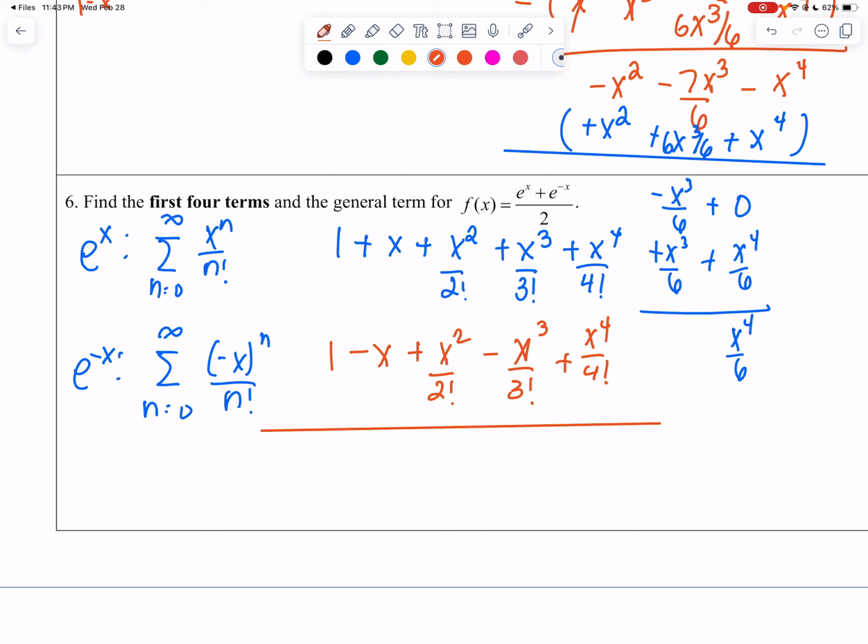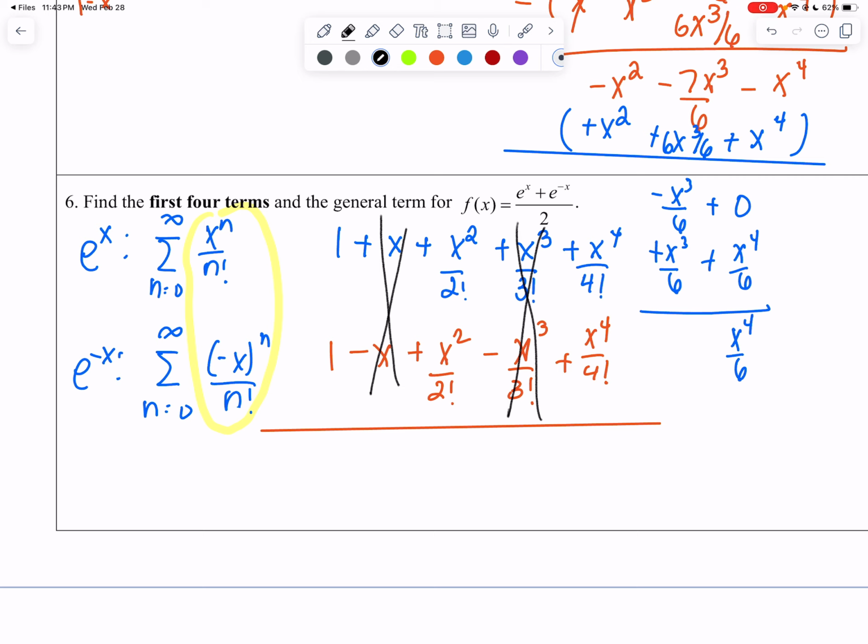Now, you'll see something special going on because notice how if we technically added these together, anytime we have an odd power, these two will cancel out, which is what's going to happen here because this cancels out and this cancels out.